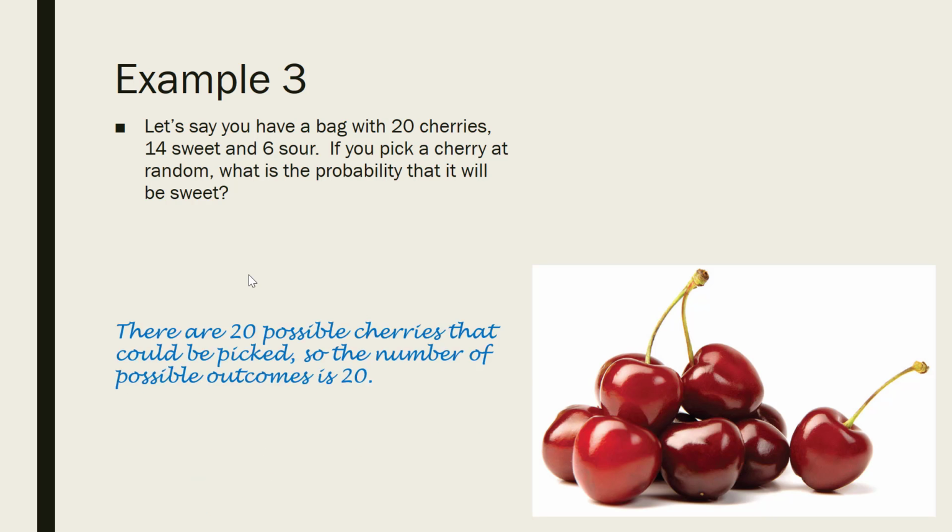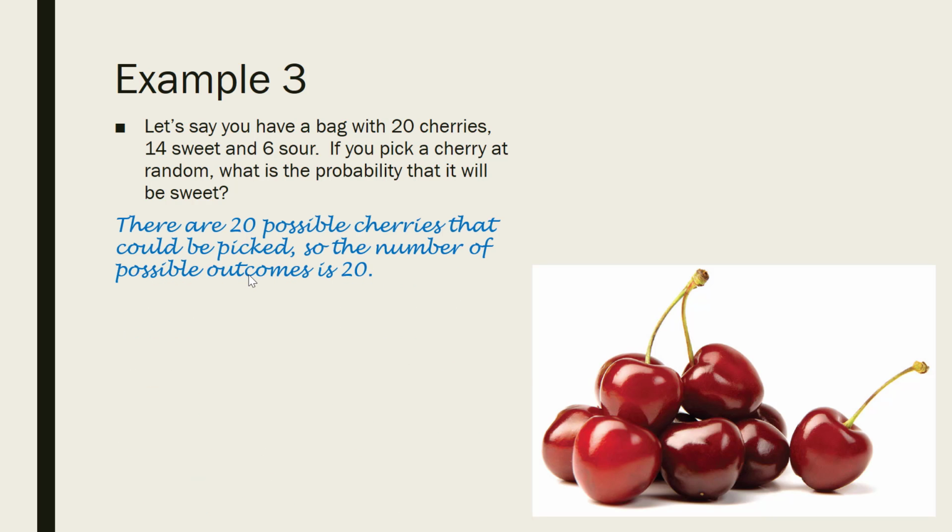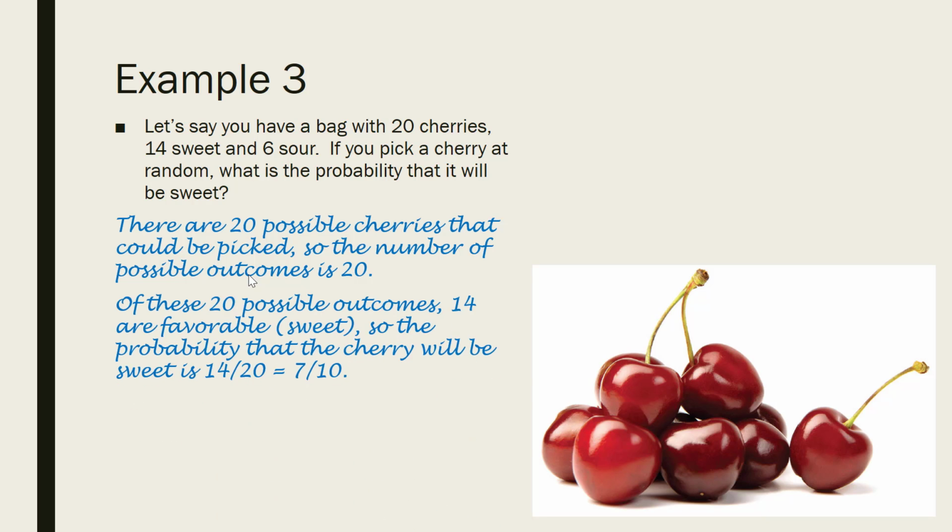So the way we figure this out is there are 20 possible cherries that could be picked. So the number of possible outcomes would be 20. And of these 20 possible outcomes, 14 are favorable, meaning they are sweet.